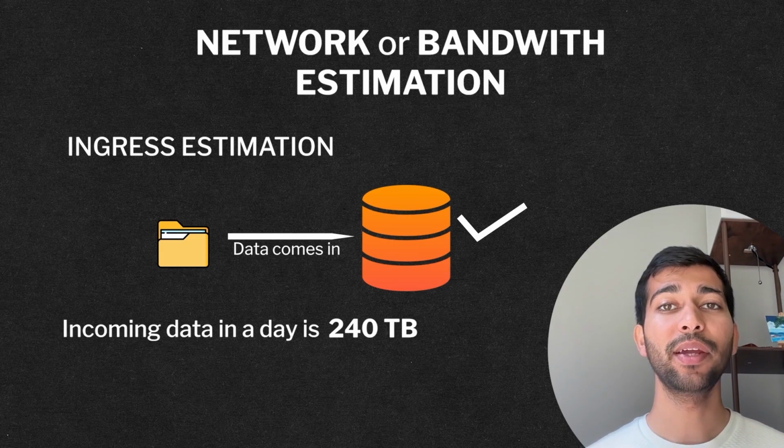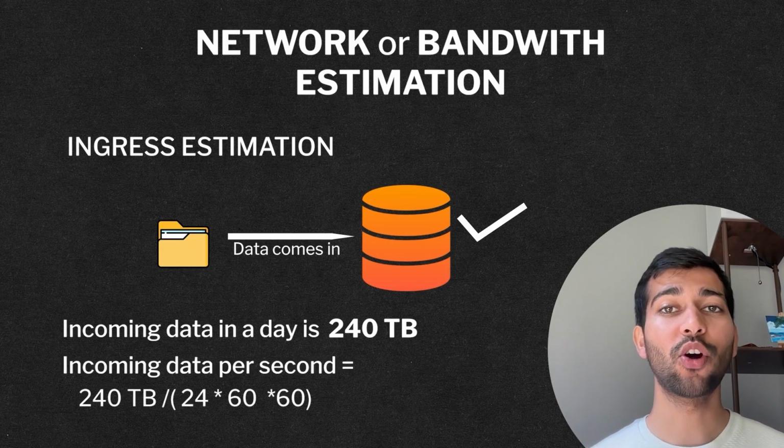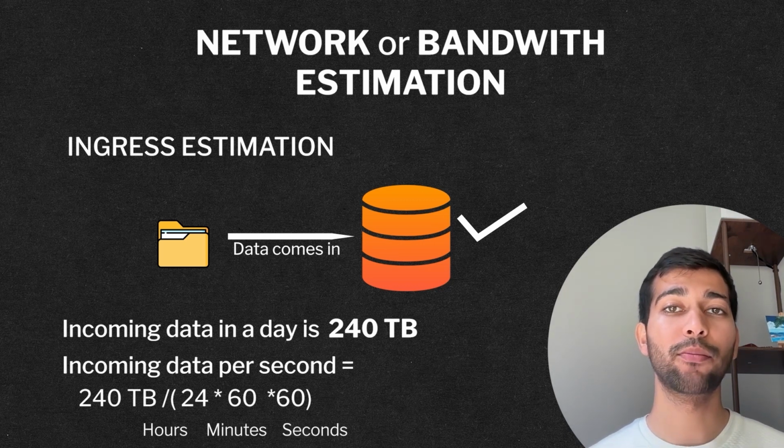So the incoming data per second would be 240 TB divided by 24 into 60 into 60. Why 24 into 60 into 60? 24 for the number of hours, 60 for the number of minutes, and 60 for the number of seconds. So 240 TB divided by 24 into 60 into 60 is equal to 2.7 GBs per second.